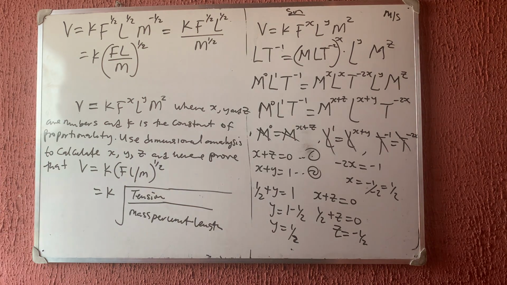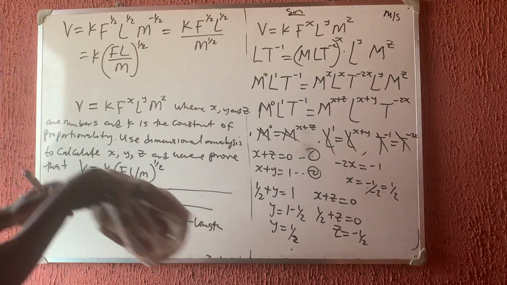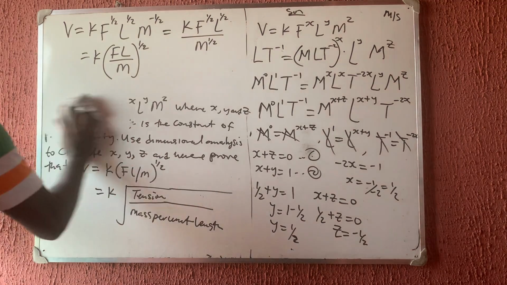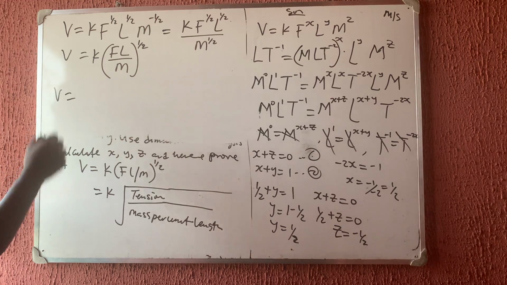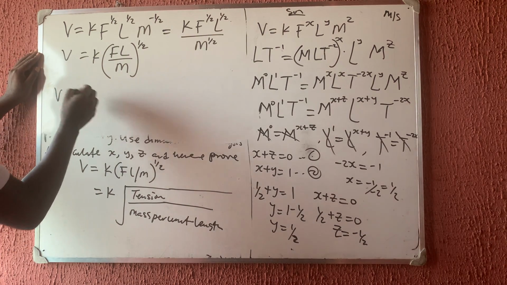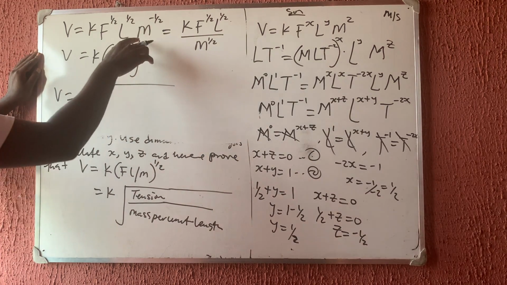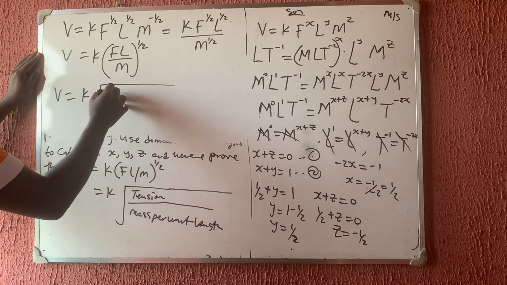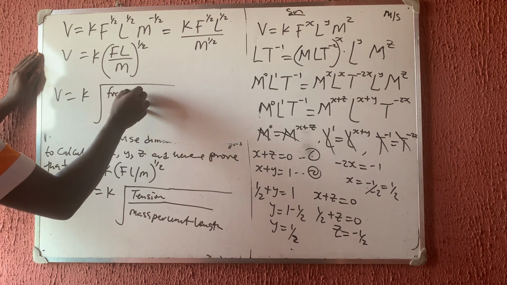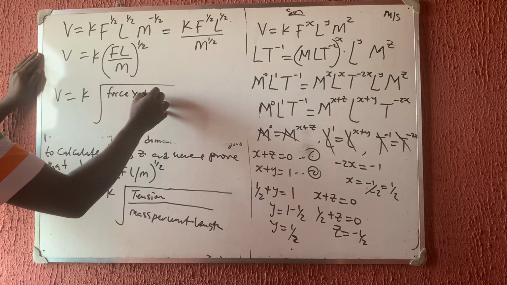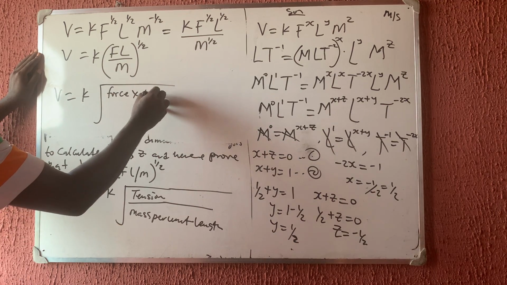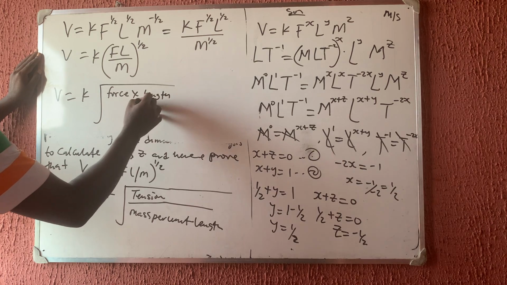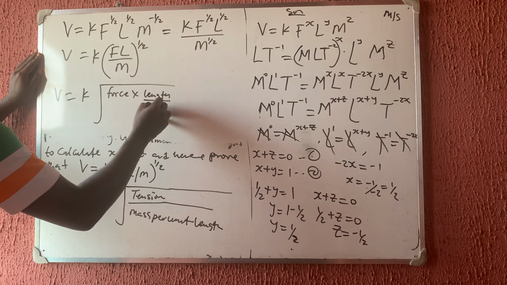Then the next one which we are asked to prove is that v is equal to, now if you look at it, this is k the square root of, because raised power 1 over 2 means square root, the square root of force times length over mass.